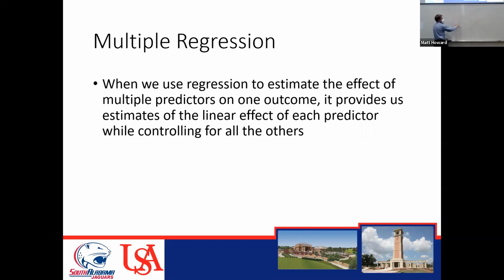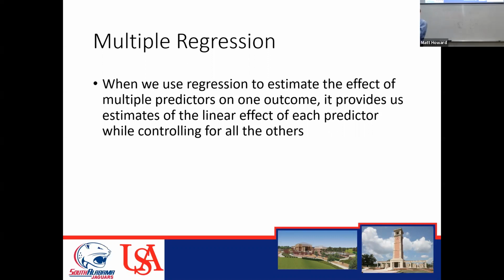Regression will tell you all the relationships in one analysis. It will tell you the relationship of x1 on y while controlling for 2 and 3. It'll tell you the relationship of x2 on y while controlling for 1 and 3. It'll also tell you the relationship of x3 and y while controlling for 1 and 2.